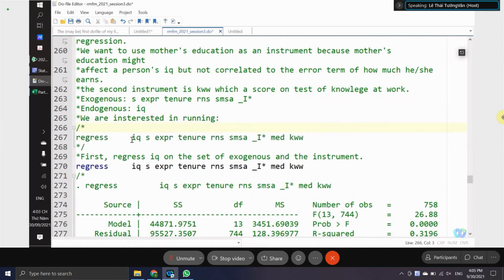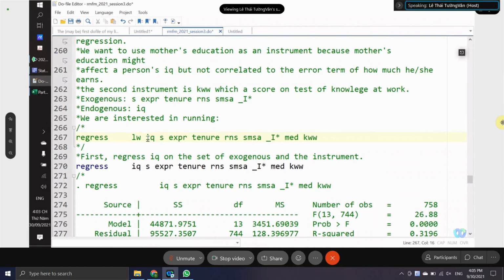However, in this set of variables, we know that IQ is endogenous. If we know IQ, we will know the error term. So we have to fix for it. We find the instruments for IQ, which are the mother's education and a score on the knowledge at work.